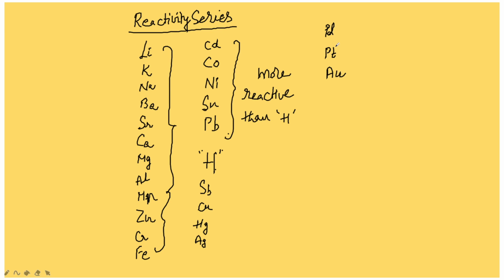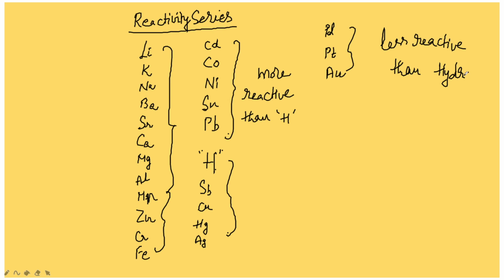So these are the elements which are metals less reactive than hydrogen. Okay, these metals are more reactive than hydrogen and these metals are less reactive than hydrogen.